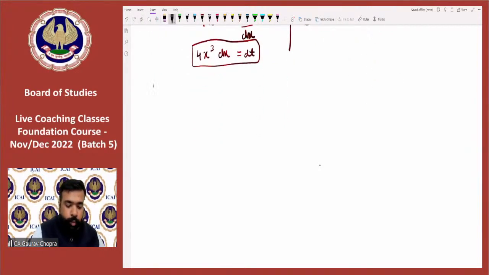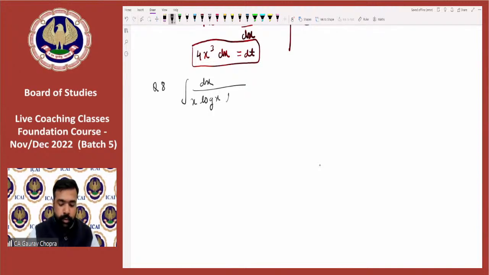Then let's try another one. Integration of dx upon x log x multiplied by log of log x. This is given. So here also what can be done? Let log of log x is equal to t. If this is equal to t, then we can differentiate it both the sides.